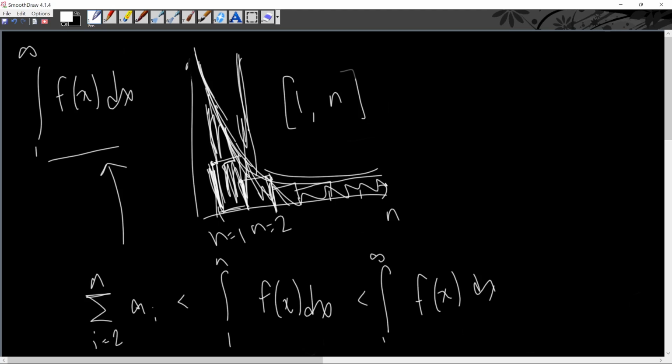But if we have the series from i equals 2 to n, the series from i equals 1 to n of a sub i is equal to a1 plus the sum from i equals 2 to n of a sub i, right?